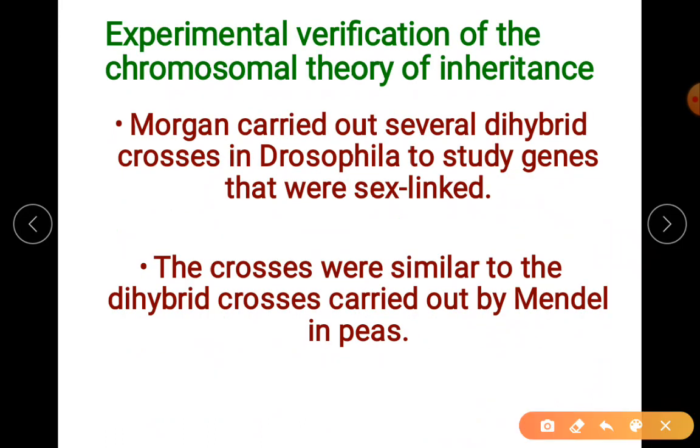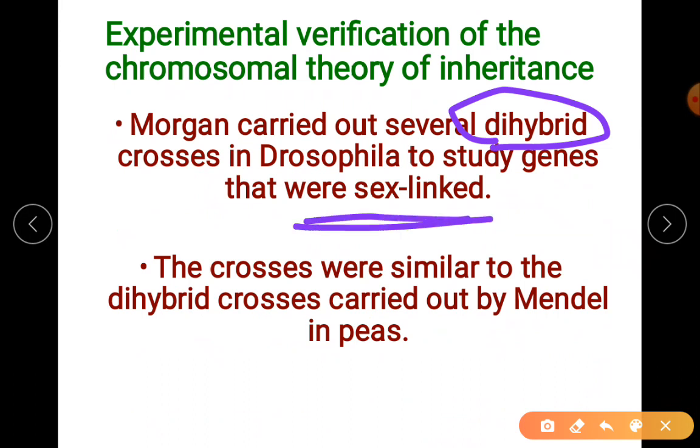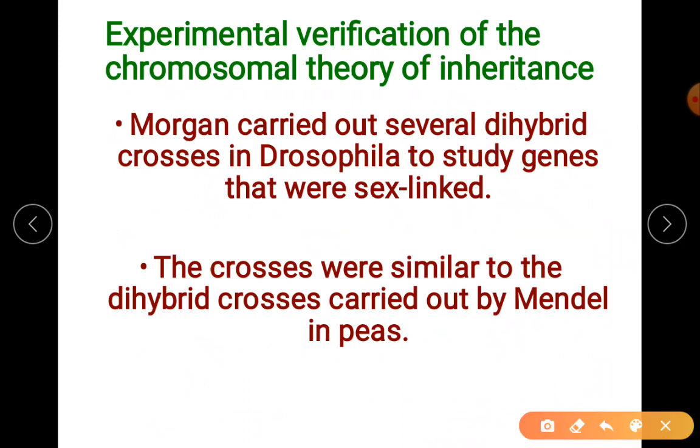So what did Morgan do? He conducted several dihybrid crosses, not monohybrid, dihybrid crosses, and especially all those were sex linked. When I say sex linked, we are talking about the X chromosome and the Y chromosome. Now Mendel, as you all know, did his work on pea plants, whereas Morgan did his on Drosophila.